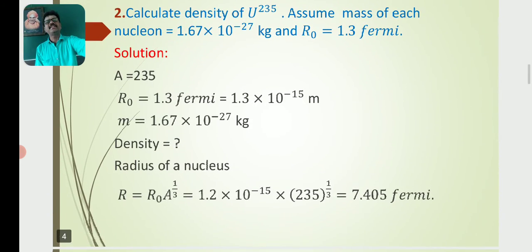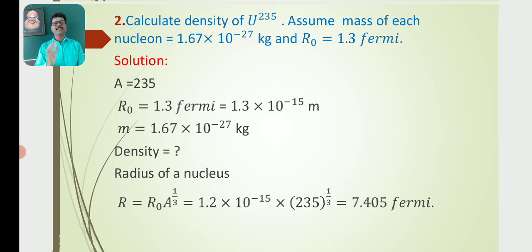Then let us discuss the second problem. Calculate the density of uranium-235, assuming the mass of each nucleon is 1.67 into 10 to the power of minus 27 kg and R naught is equal to 1.3 Fermi, where 1 Fermi is equal to 10 to the power of minus 15 meter.